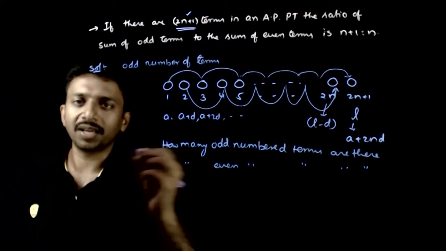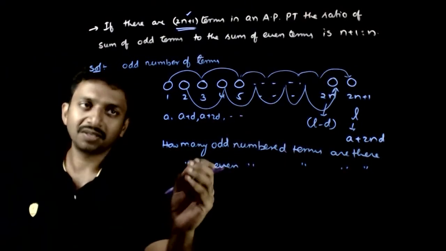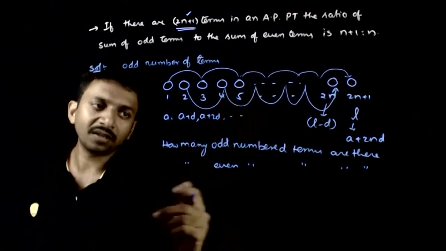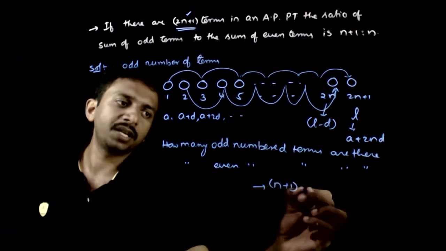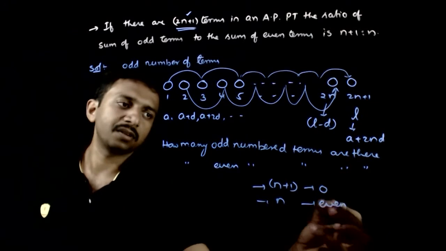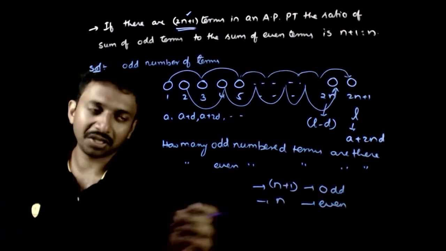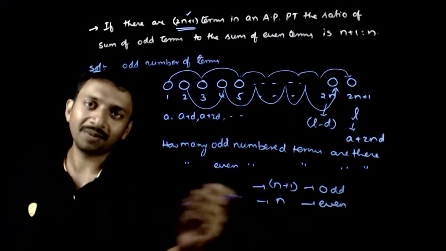Are both the same? Both will not be the same, because you have an odd number of terms. The odd numbered terms are at the starting and also at the ending. So you have n plus 1 odd numbered terms and n even numbered terms. Do you understand? Because both together should make 2n plus 1. So if you have 5 terms, there are 3 odd numbered terms and 2 even numbered terms.